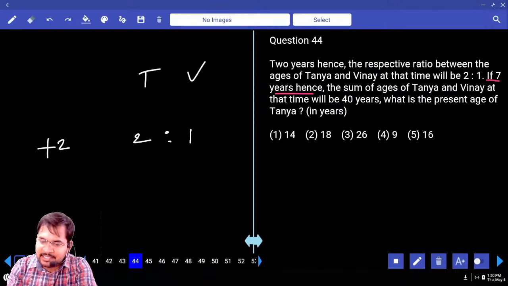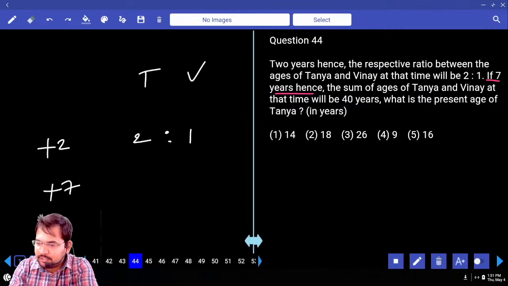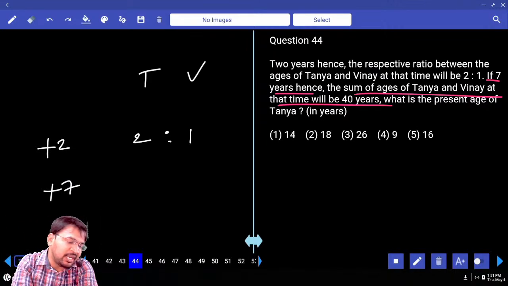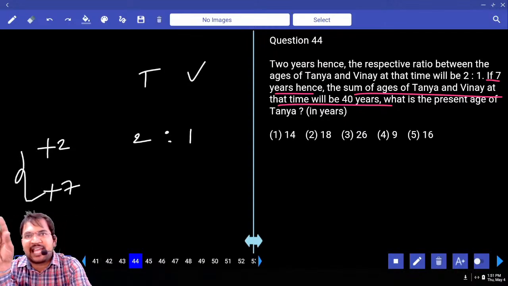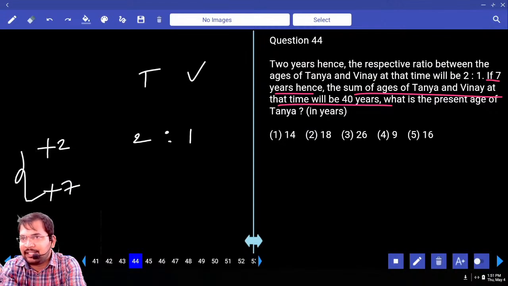If 7 years hence the sum of Tanya and Vinay's ages is 40. If you observe carefully here, 7 years hence is 40. Then 2 years hence is 30, na? 2 years hence to 7 years hence is nothing but a 5 years gap, na? Each person 5 years, na? 2 persons, 10 years, na? If you subtract 10 from 40, that is 30.